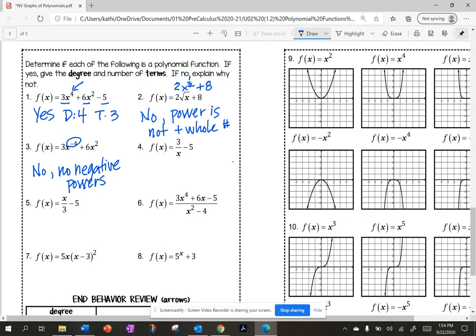Number 4, f of x equals 3 divided by x minus 5. I could rewrite this. When I move a power from the denominator to the numerator, I change the sign. So this would be 3x to the negative 1 minus 5. So again, I have no negative powers.